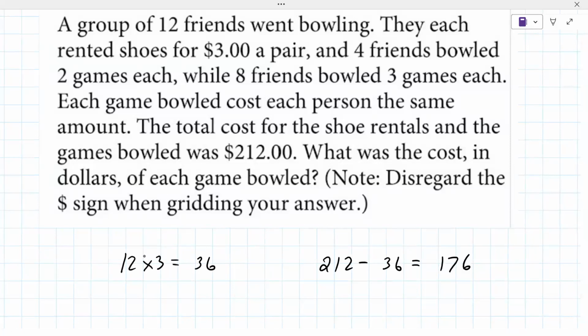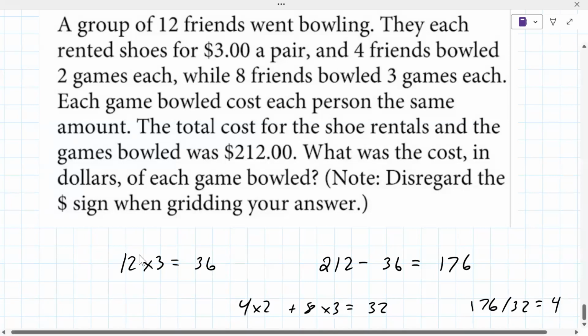And then it's four friends times 2 games plus 8 friends times 3 games. 24 ends up being 32. 176 divided by 32 ends up being like $4. Yeah, $4. Oh, I just did 176 divided by 5 games.